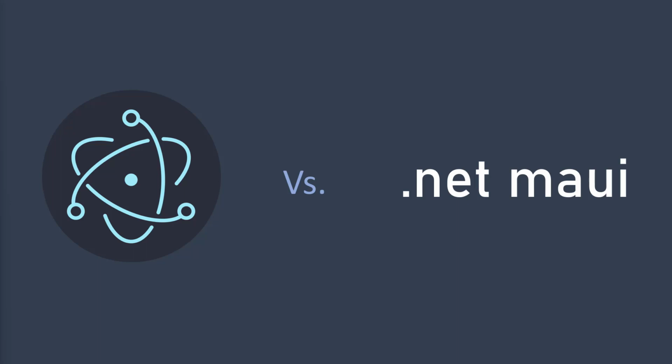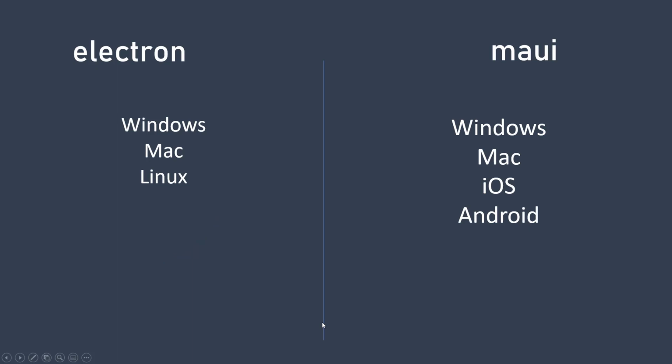But that has changed with .NET MAUI. And I've got to tell you that this platform has given you some new access. So Electron today works on Windows, Mac, and Linux. When you create an app in Electron, and we've got a bunch of these apps, Visual Studio Code is written in Electron, of all things. It's a very popular code editor.